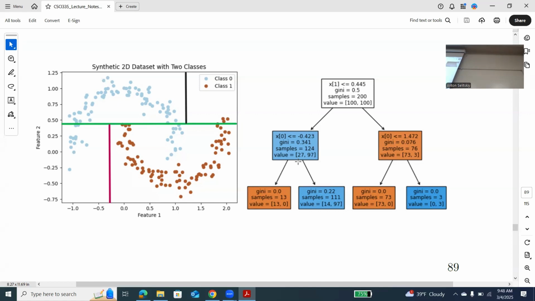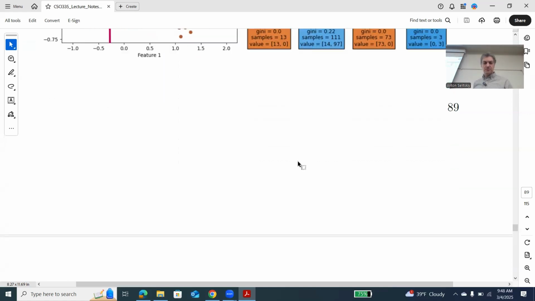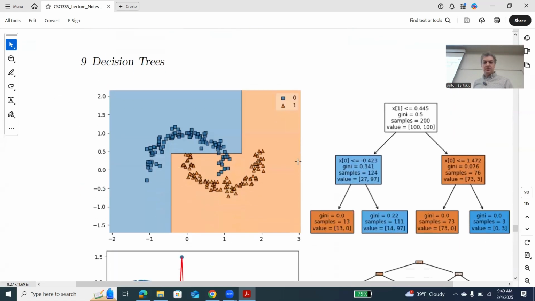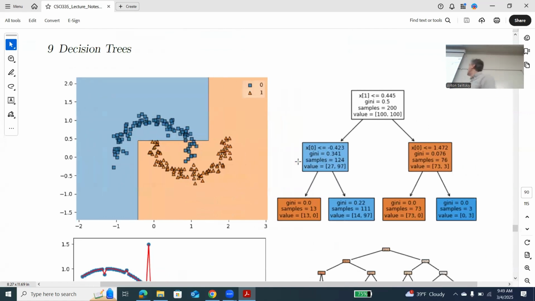So we'll talk about this criterion, Gini index, a little bit later. And this is the final result. If you take an arbitrary point on this plane and pass through this tree, you will get this classification. By the way, what is the size of this tree?